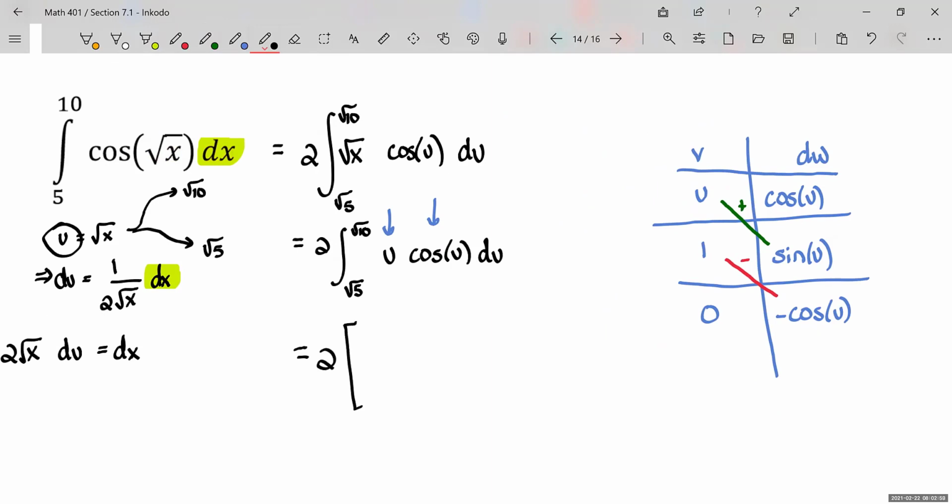Don't forget that 2 is hanging out there. Add the product of u and sine of u. They're being evaluated from root 5 to root 10. And then subtract. I'll do the subtraction in red. In fact, I should have said the addition in green there. I'll subtract the product of 1 and negative cosine.